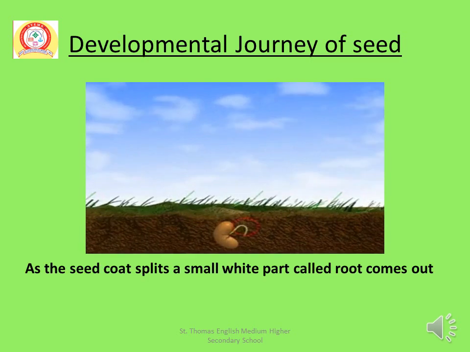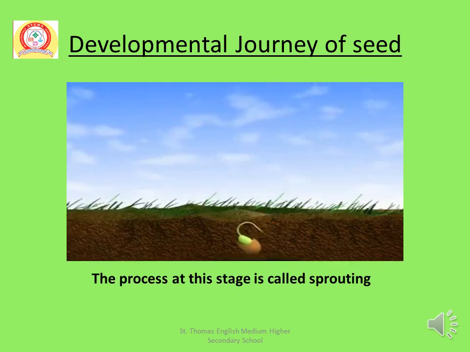In the third stage, the small white structure comes out of the split seed coat. This is called root. You are observing here a small white part called root. So, the process of root coming out of the seed is called sprouting.